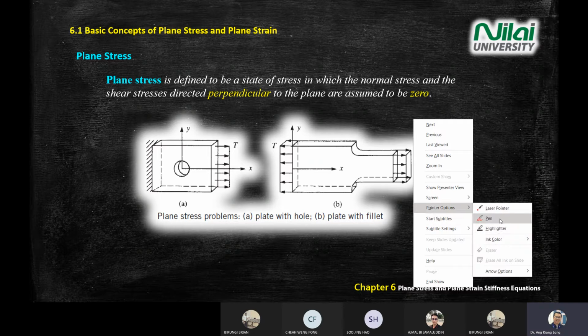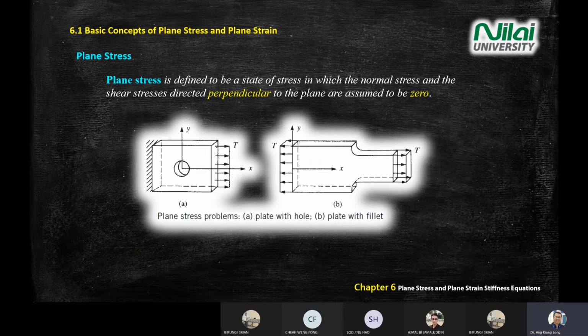So in this chapter, what we're going to do is analyze this stress in a plane dimension, meaning in this case we look at this tension in X and Y axis, and then we're going to calculate this loading in a plane dimension.